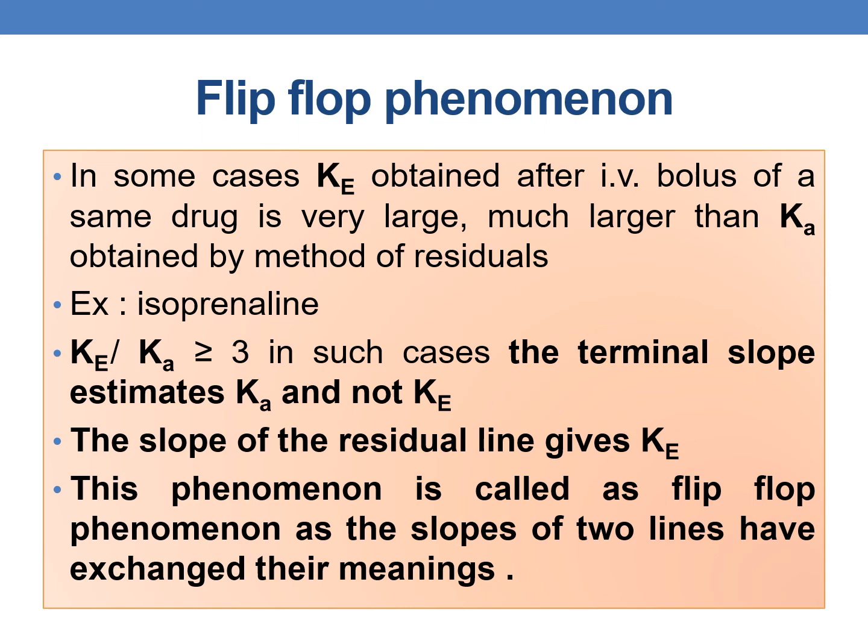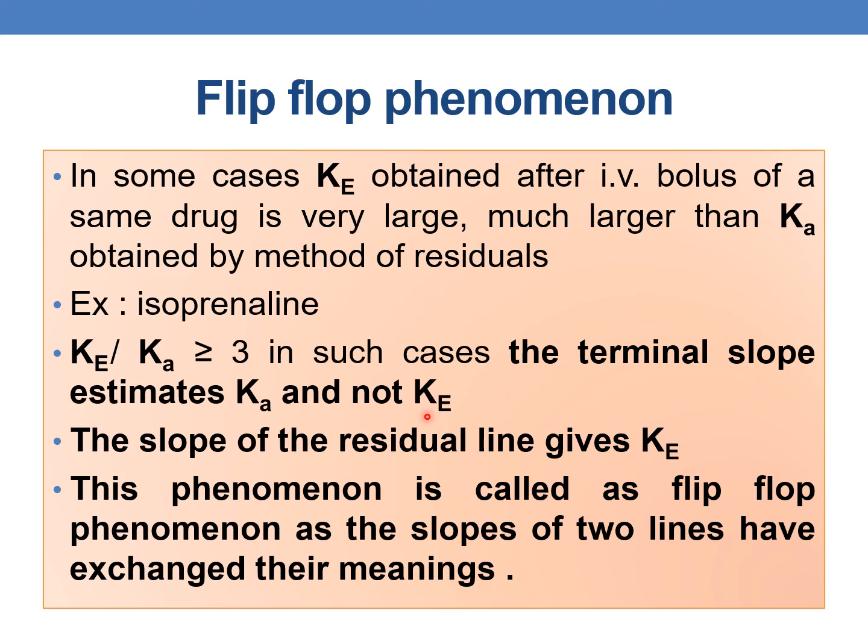An example is isoprenaline. In such a case, the ratio is Ke by Ka, not Ka by Ke as before, and it is greater than or equal to 3. In such cases, the terminal slope estimates the absorption rate constant, not the elimination rate constant.